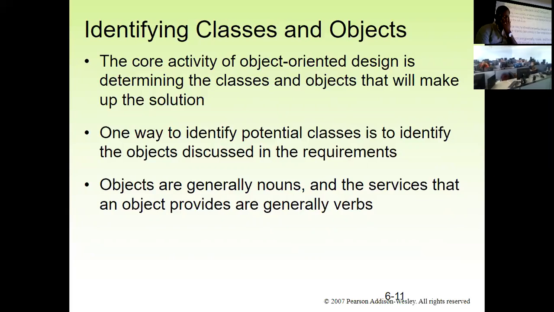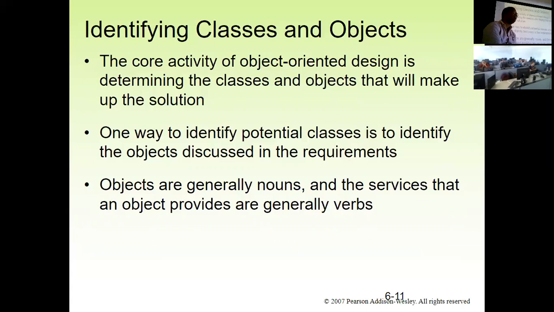Right? So one way of identifying potential classes is to look at the requirements, yes? And start to do some extraction based on nouns and verbs, and then you go through a process thereafter to refine that list, and then come to some consensus as to what is going to be my final list, right?